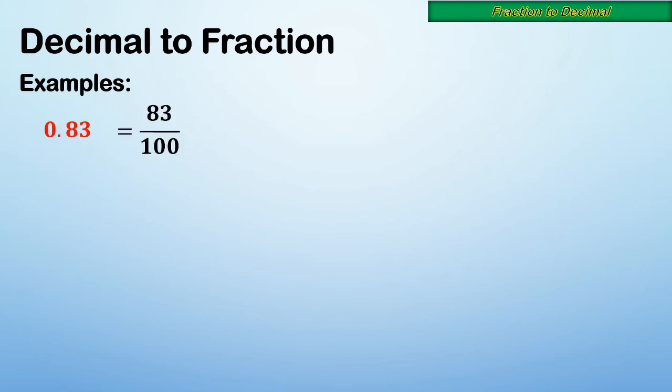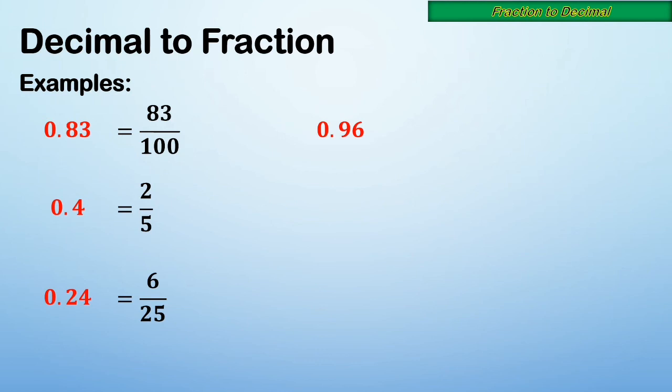Okay, 0.83, that is 83 over 100. Next, 0.4, that is 2 over 5. Okay, naka-lowest term na yan. 0.24, that is 6 over 25. Okay, naka-lowest term na rin. 0.96, it means 96 over 100.